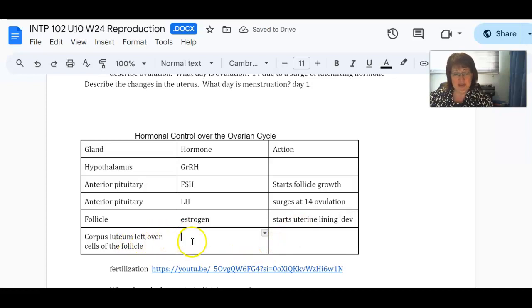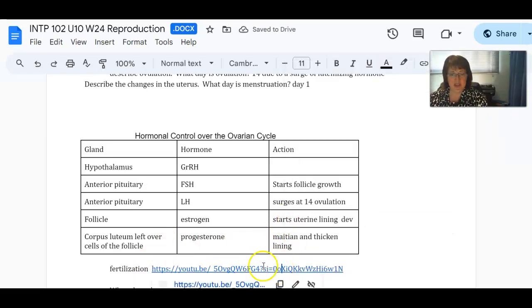And the corpus luteum will produce progesterone, which will maintain and thicken the lining. When the lining drops, the maintain, there we go. I'm used to you guys correcting it before I get to it.